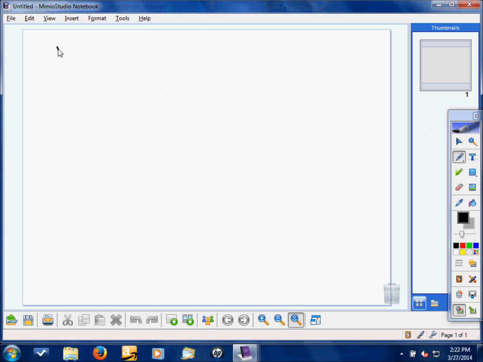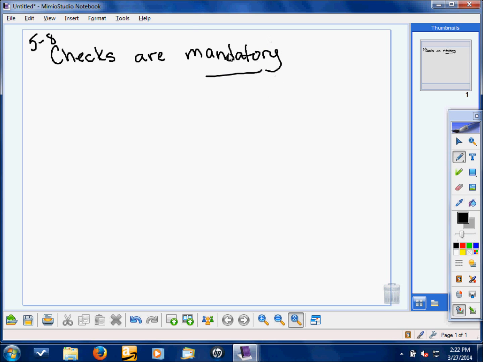As a matter of fact, make sure that you write that down. 5.8: Checks are mandatory. Some solutions are what we call extraneous.